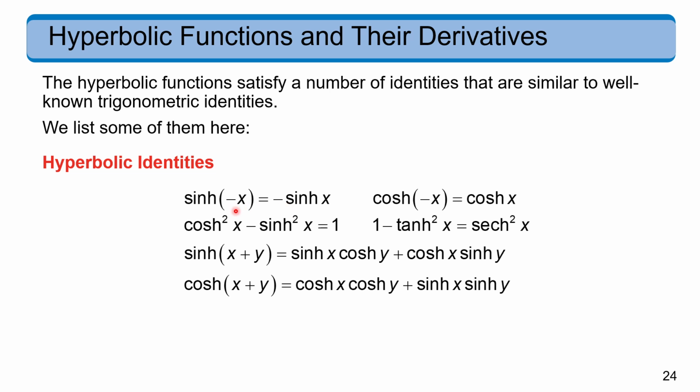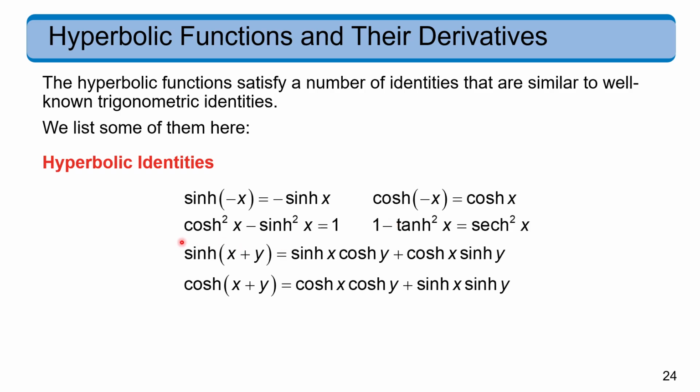For hyperbolic sine, it's slightly different. If you have hyperbolic sine of negative x, if you want to drop the negative on the inside, you have to also multiply by a negative in front. The regular sine function has the same identity. So these top two are known as the even-odd identities that match exactly what we have with the regular sine and cosine functions.